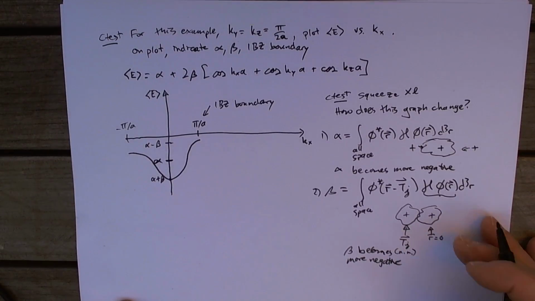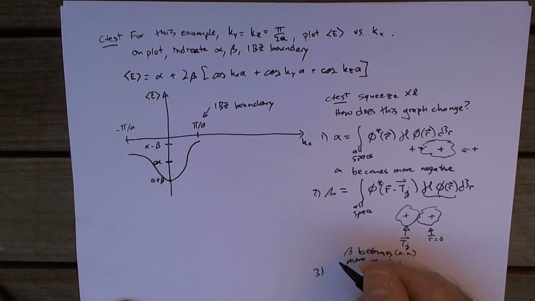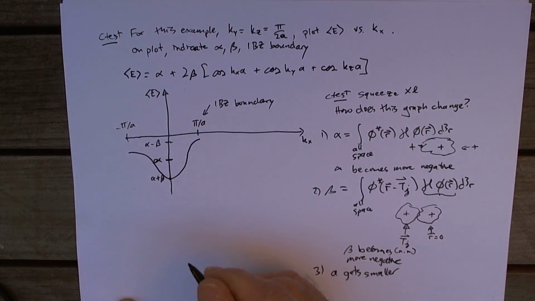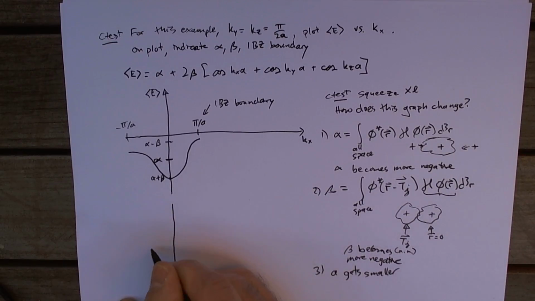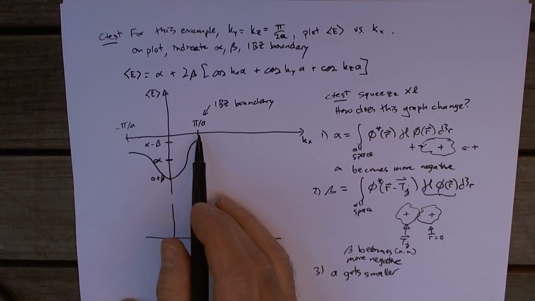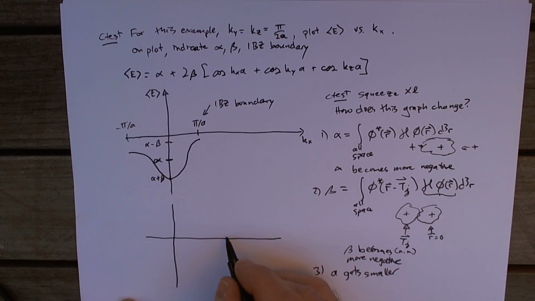And then three, of course, as we squeeze it, a gets smaller. So if we put all three of those effects together and try to redraw the graph, if a is getting smaller, then pi over a is getting bigger. So I'll kind of exaggerate this. There's pi over a. Alpha is getting more negative. So if it was there to start with, maybe it's now here.